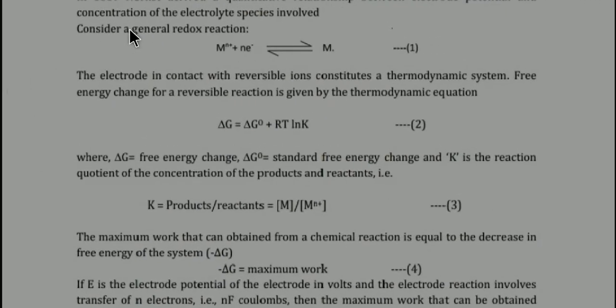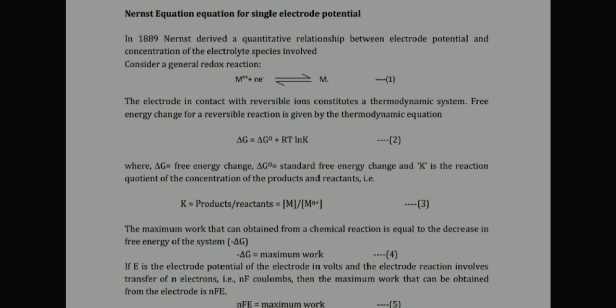Now consider a general redox reaction. When both oxidation and reduction happen together, it is called a redox reaction. Here it is Mn plus, which indicates a metal ion. That metal ion is going to gain n number of electrons, and converts into a metal.